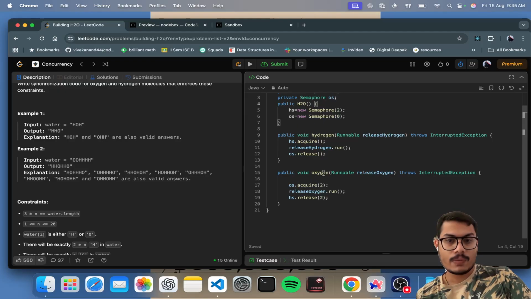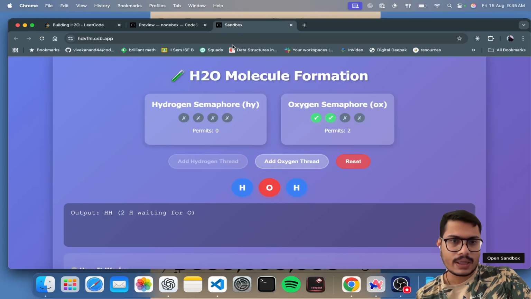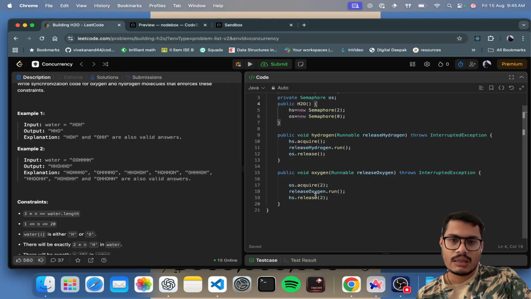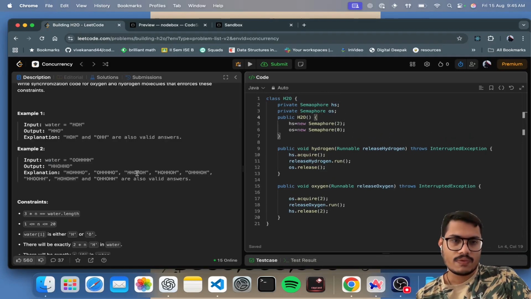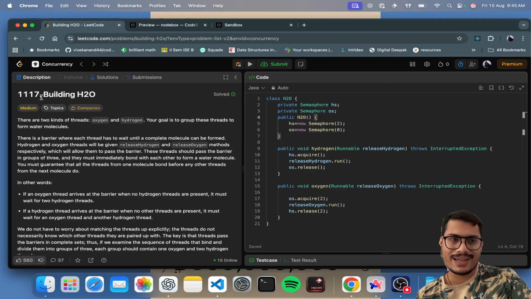My oxygen thread will be released, but my hydrogen thread got blocked because I need at least one, since the hydrogen acquire is there, but now the hydrogen count is 0. So no hydrogen thread has been unblocked, only my oxygen thread has been enabled. I just run that, and yes, we got H2O. So that was the very simple solution for the problem Building H2O, LeetCode 1117. Thank you.